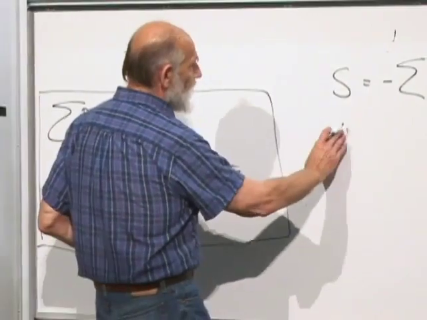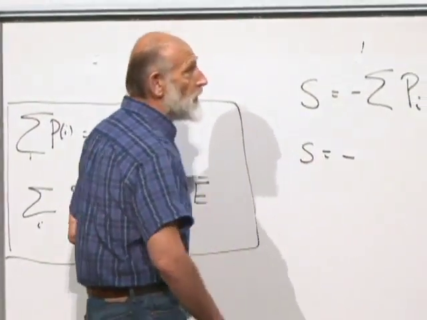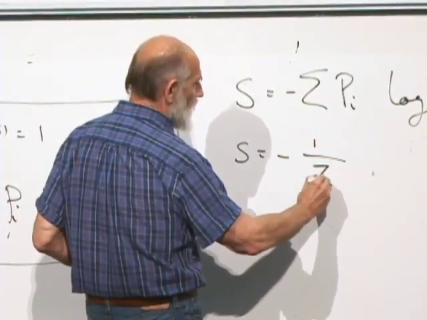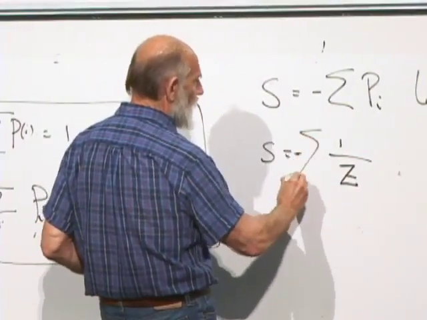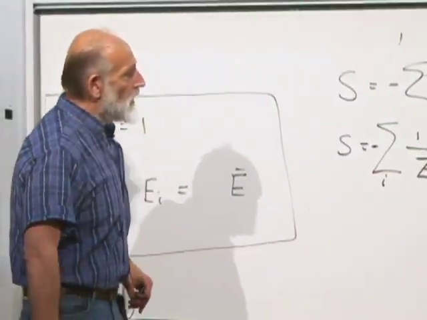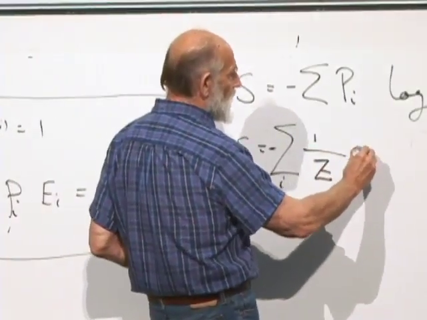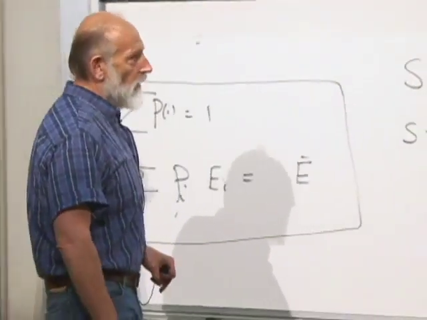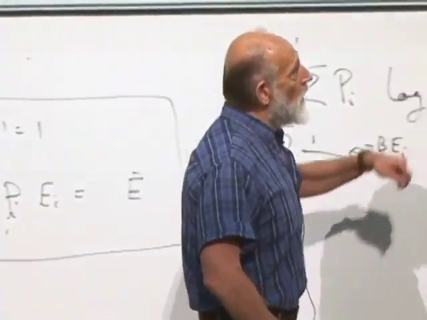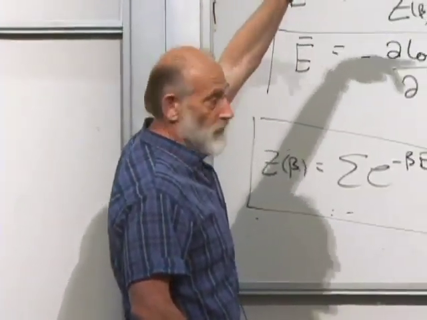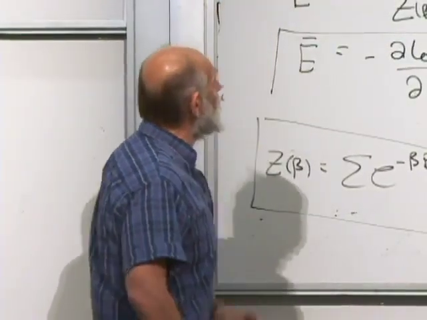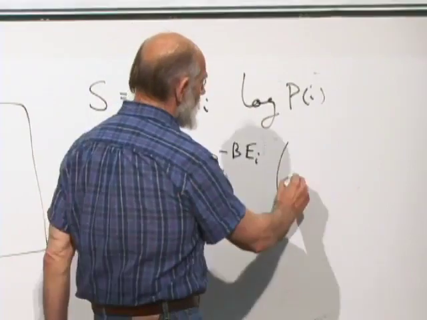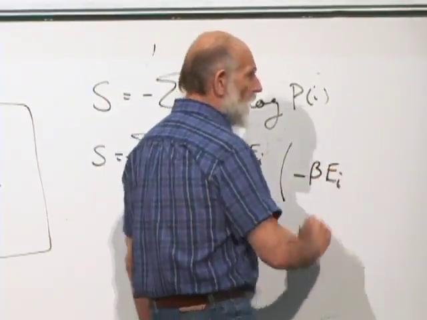So let's try it. S is equal to minus the sum on the outside of 1 over Z times e to the minus beta E sub i. And now what's the logarithm of p sub i? It's the logarithm of that expression up there, except change j to i. The logarithm of that is minus beta E sub i.